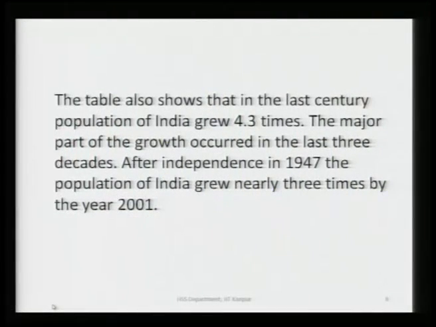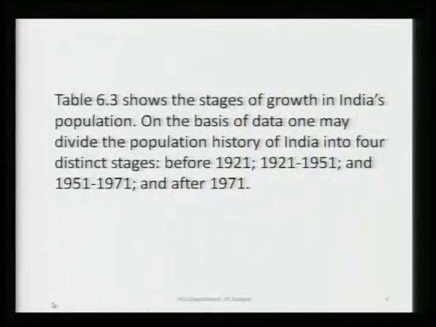The major part of the growth occurred in the last 3 decades, the last 30 years only. After independence in 1947, the population of India grew nearly 3 times by the year 2001. In the last 50 years, our population became roughly 3 times what it was at the time of independence.